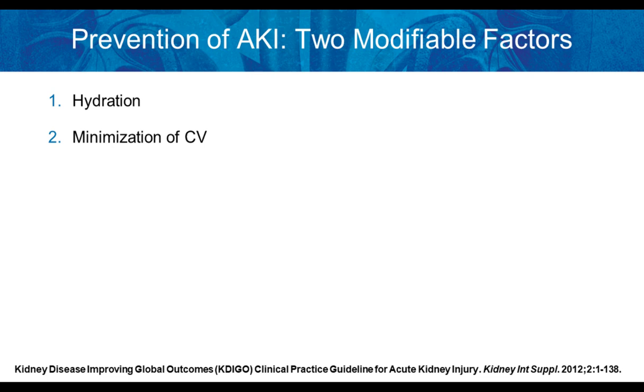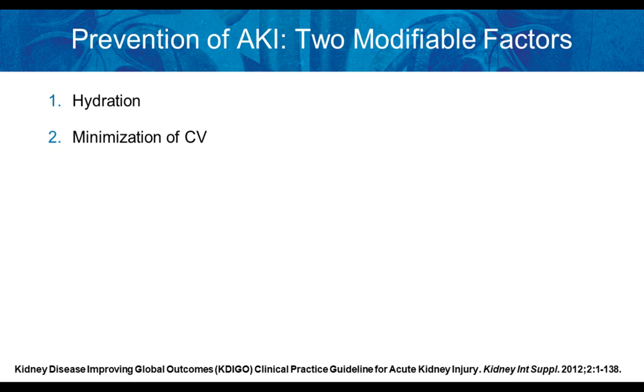So then you take it to the next level. What can we do to prevent acute kidney injury? Well, you can do two things. In the acute phase, you cannot change the patient's chronic kidney disease status. If you have chronic kidney disease, you have chronic kidney disease. If you have a normal number of nephrons, you have a normal number of nephrons. But for the patient in the cath lab, you can modify two things.